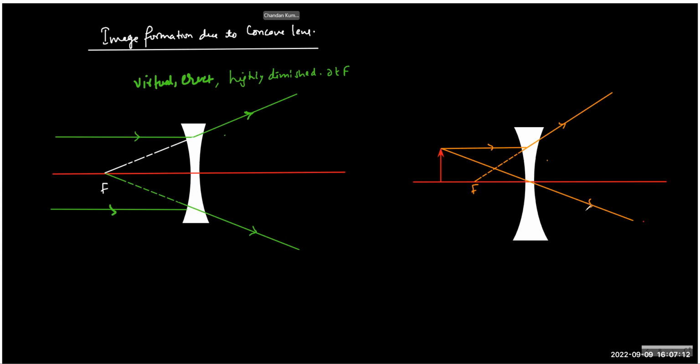So they will not meet, but they can meet only if we extend backward. So this is the point of intersection. And you can say one is virtual, other is real. So the final image will be virtual because the light rays are not meeting, right? Is this clear? Yes, sir.